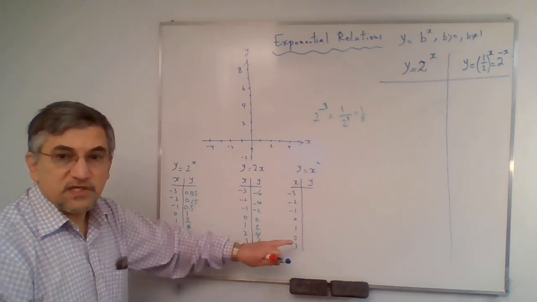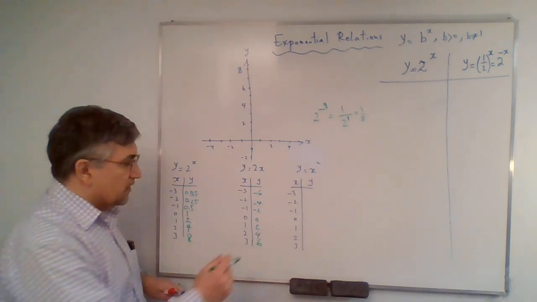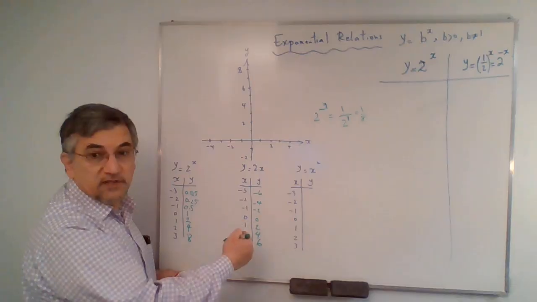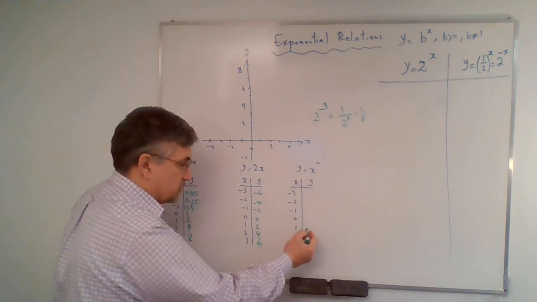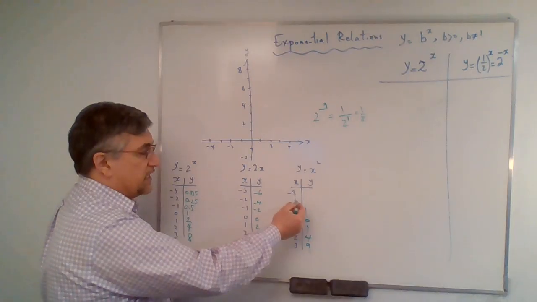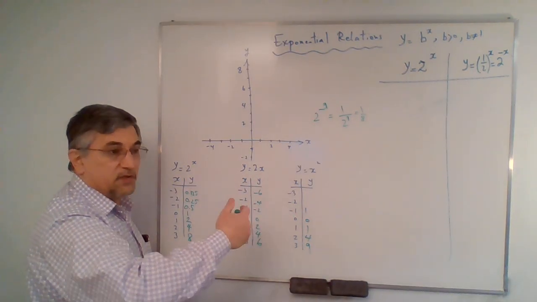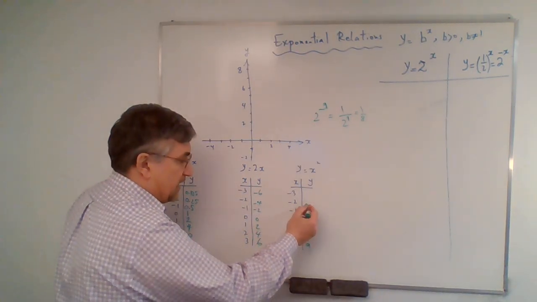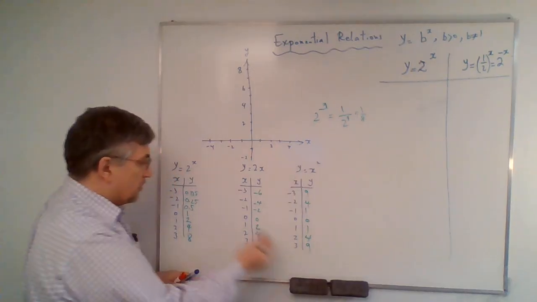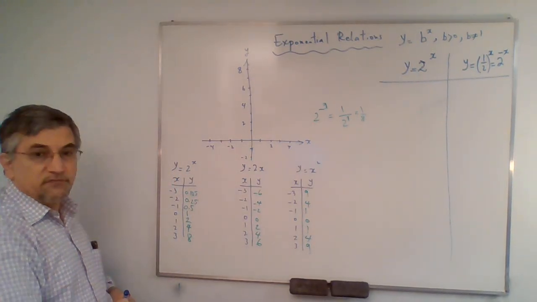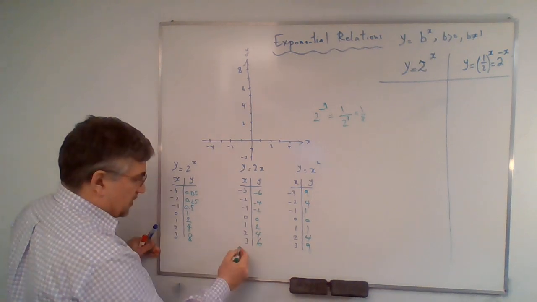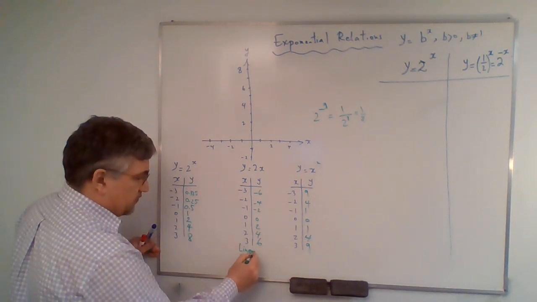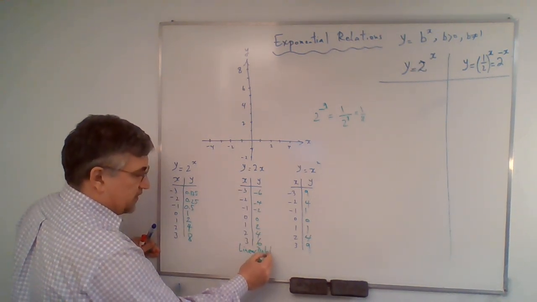In grade 10, we did the same thing with quadratic relations. So we grabbed the x values, we squared them. So 3 squared is 9, 2 squared is 4, 1 squared is 1, 0. Negative numbers, if you square them, because negative times negative is positive, the outcome is going to be positive. So table of values are very clear. And this was, of course, a linear relation, if you remember from grade 9.